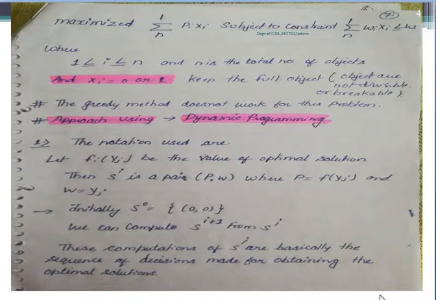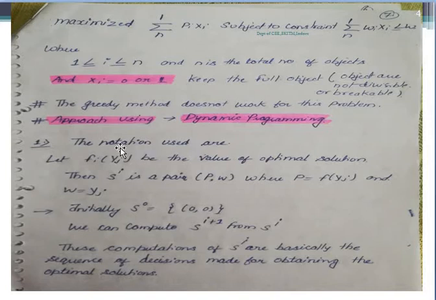Here a fraction of the object is not possible, so we cannot apply the greedy approach. So the 0-1 knapsack problem is solved using the dynamic programming approach. In order to solve this problem using the dynamic approach, we will perform the following steps.